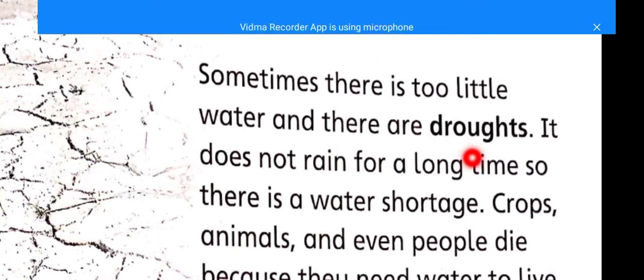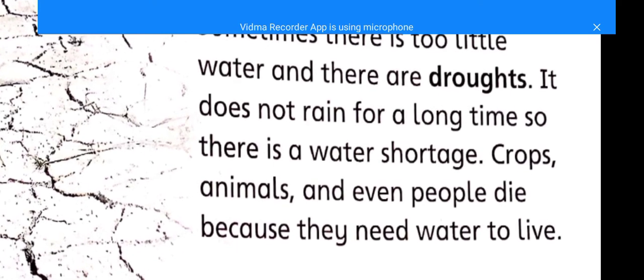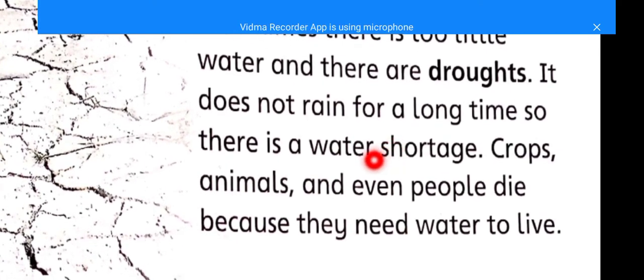When there are no rains and there is extreme shortage of water, then we are going to face this kind of condition, droughts. And it is due to the water shortage.